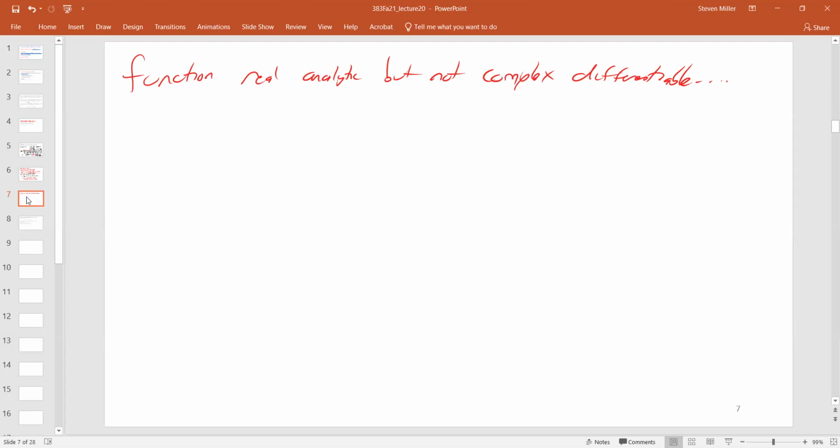Log potentially, because I can't define log on the whole range, but depending on my region, I might be able to define log on the region. I'm not going to say log can't be done, just that's not the one I want to look at. I need a function that is real analytic, has some nasty properties, and is not complex differentiable.